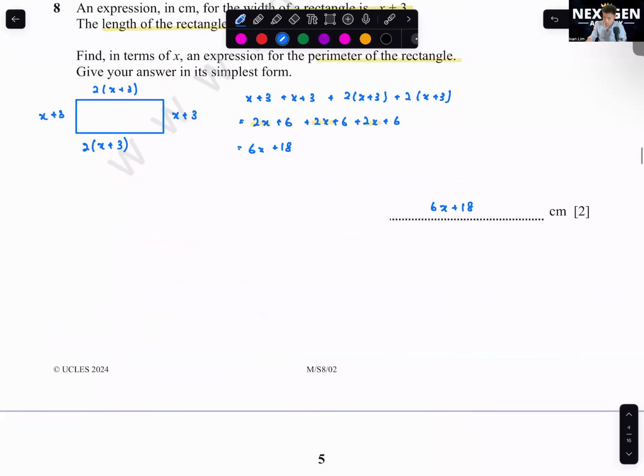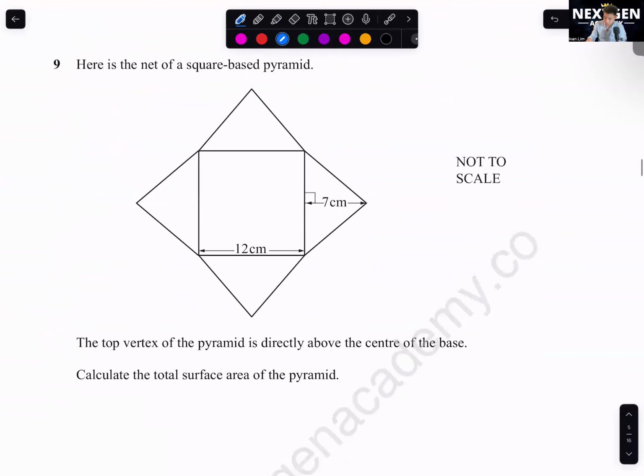Question 9. I want you to try this. Here is the net of a square base pyramid. The top vertex of the pyramid is directly above the center of the base. Calculate the total surface area of the pyramid. Your exam question. So your teachers are all also taking the same question.